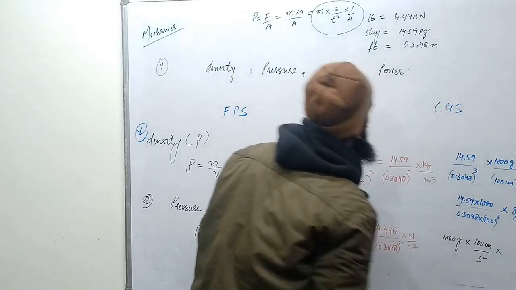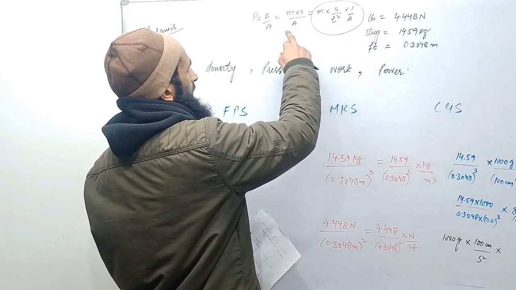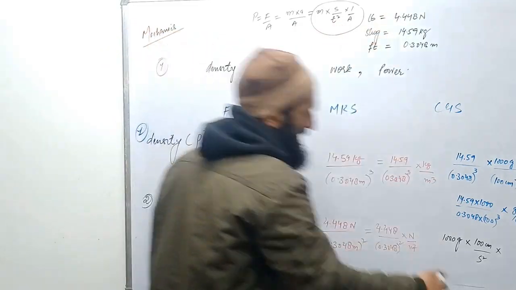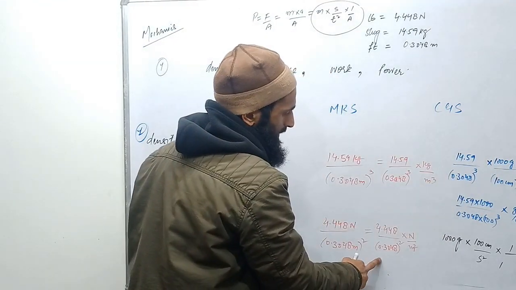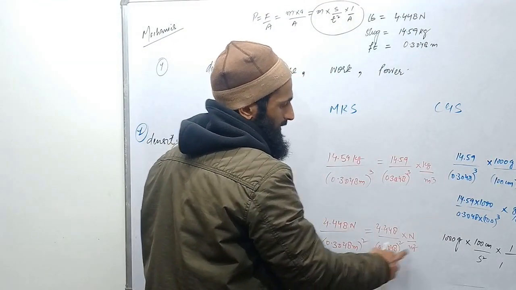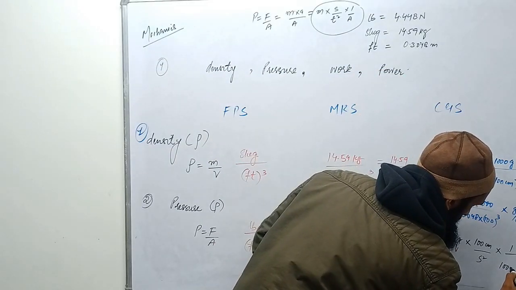This will be second square, into 1 divided by area. Area will be distance square, so 1 meter square. Here it will be 100 centimeter square.